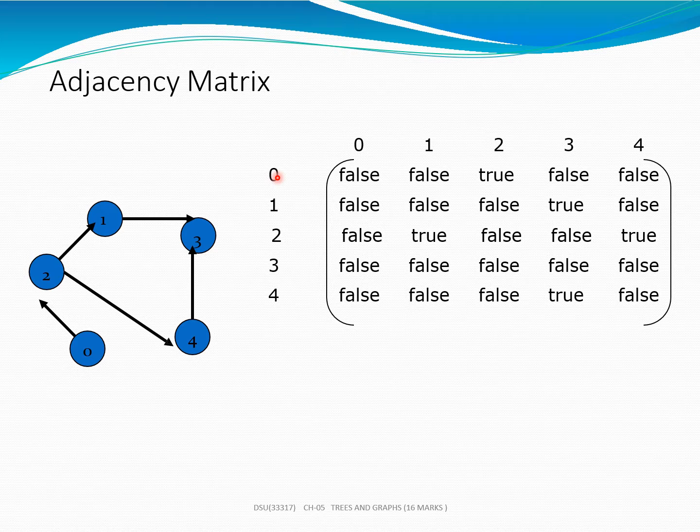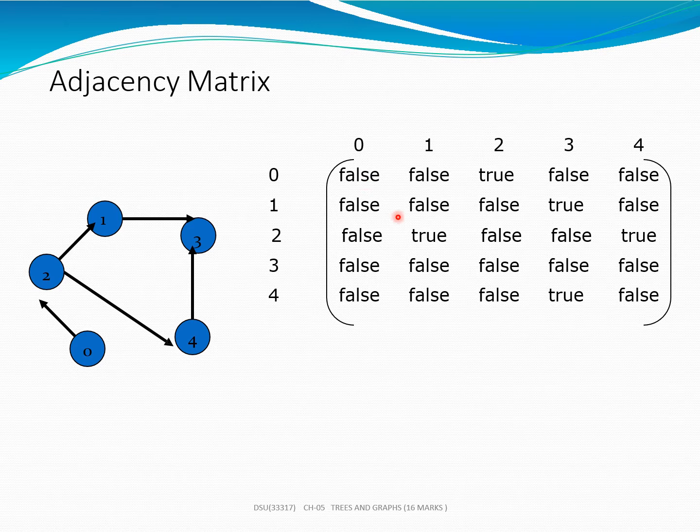First, for 0, we check 0 to 0, that is, the self loop. There is no loop for 0 to 0, so it is false, and we write 0.